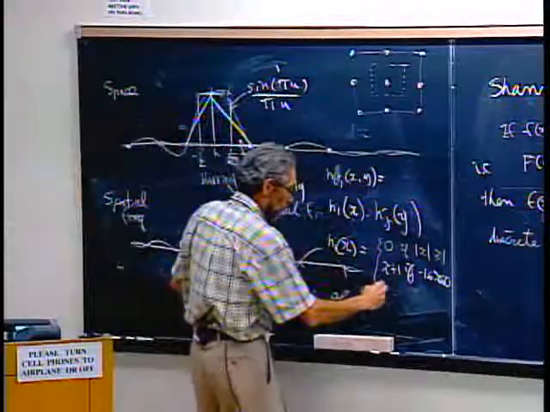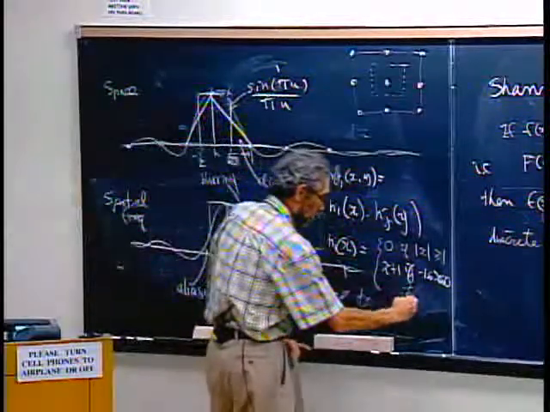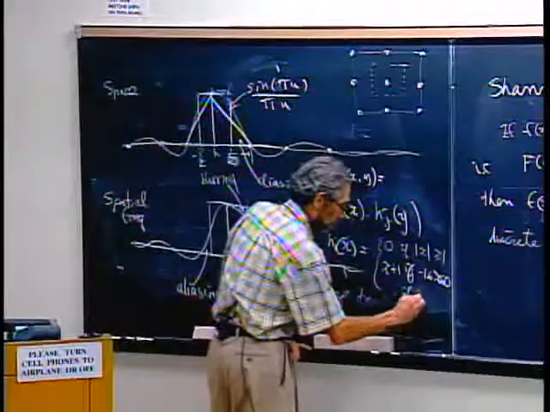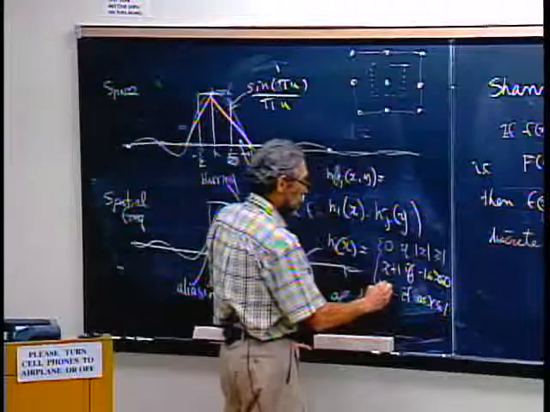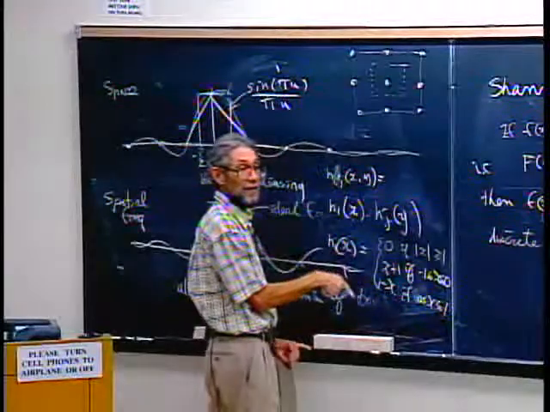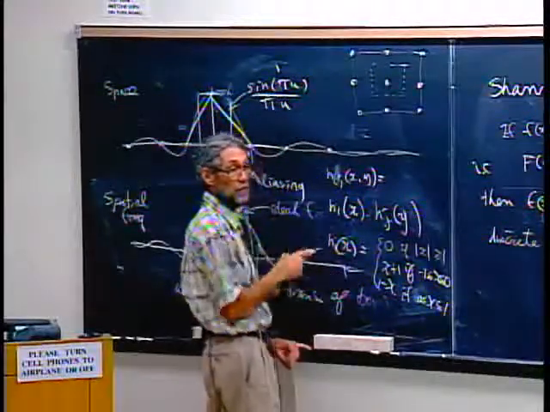And it's the other way around if 0 is less than or equal to x is less than or equal to 1. It's got to be 1 minus x, to decrease to 0 as x goes from 0 to 1.